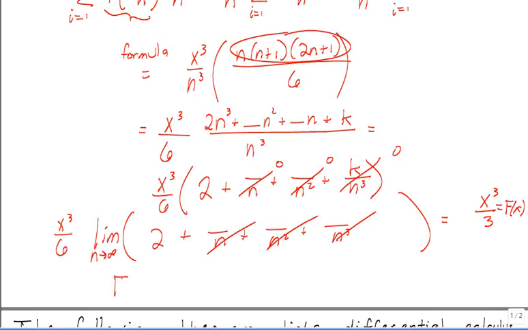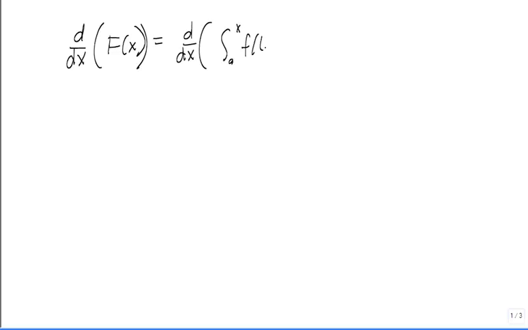And when we take the derivative of F, what's the derivative? We get x squared, which is little f(x). So what this showed us was that the derivative of F(x), which is the derivative of the integral of little f(x), is f(x).